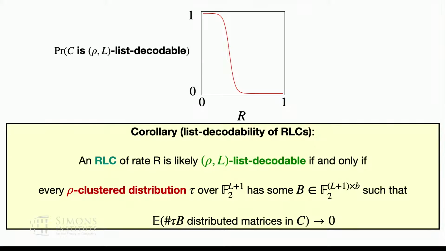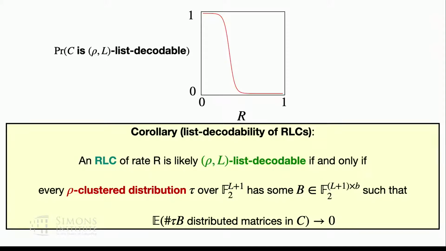This corollary also gives us a threshold phenomenon. For any tau, there is some B which is the bottleneck. That is the B for which tau B requires R to be the largest in order for the expectation to go to infinity.